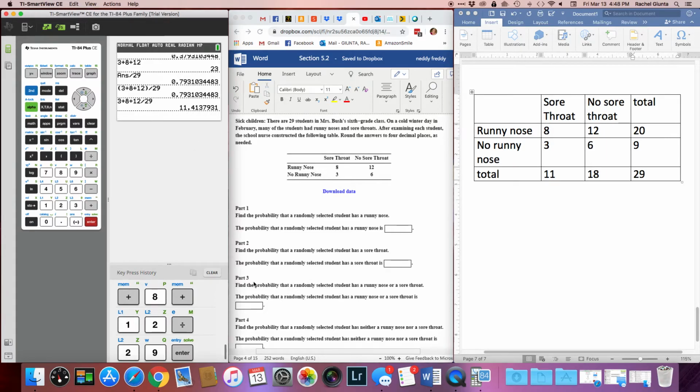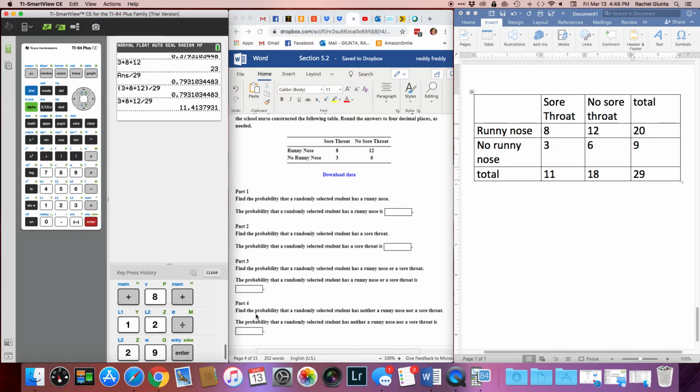So anyway, that was part 3, probability that they have a runny nose or a sore throat. Add up the sore throats and the runny noses without counting anybody twice, and you get 0.7931.